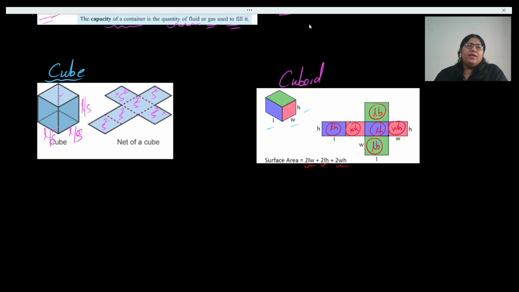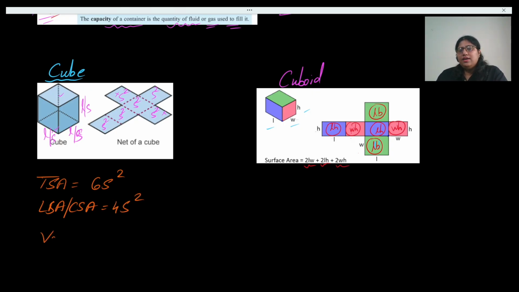Whenever we take a cube, first you should know the total surface area, because all the sides, length, width and height, are the same. There are 6 faces, so you can write 6s squared, whereas the lateral surface area or curved surface area will be the area of 4 squares.